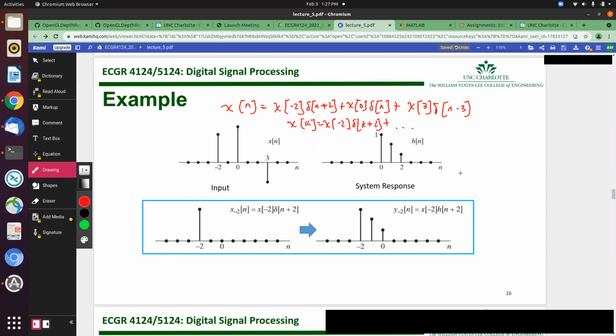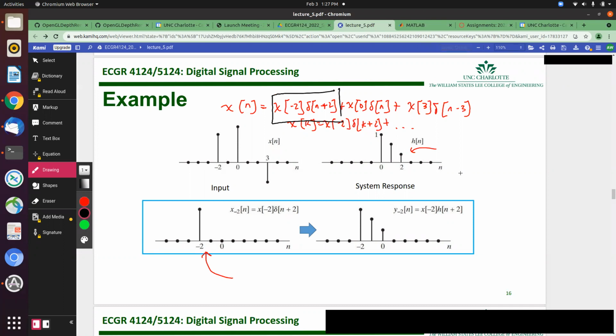And so if we plug that x of k back into the convolution equation, we end up with a bunch of shifting property integrals. All we're doing is taking the function h of n and shifting and amplifying it. So let's look at just the value at index minus 2.